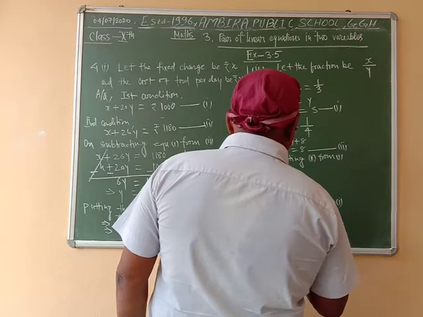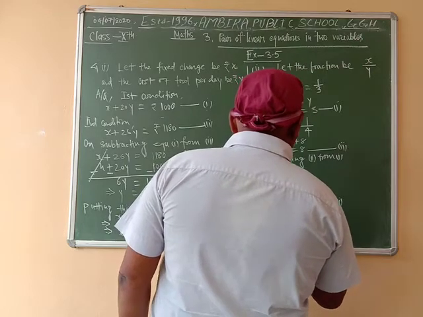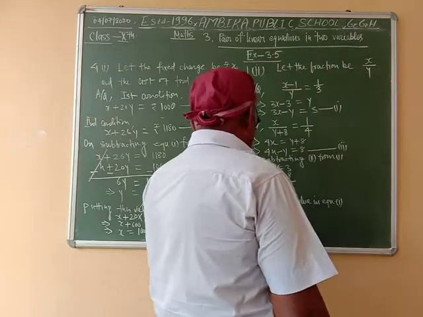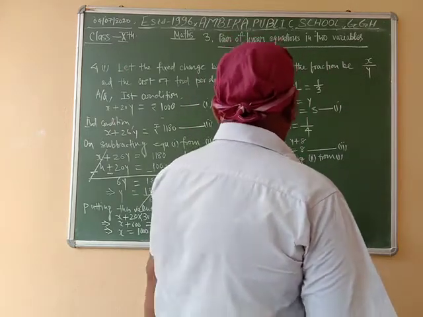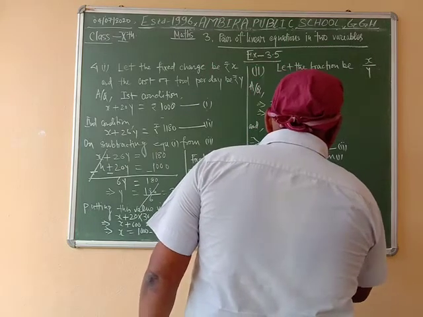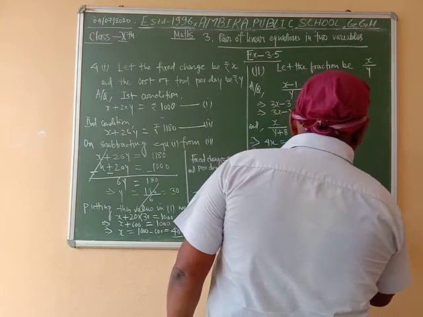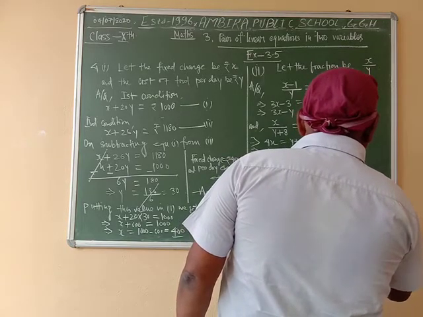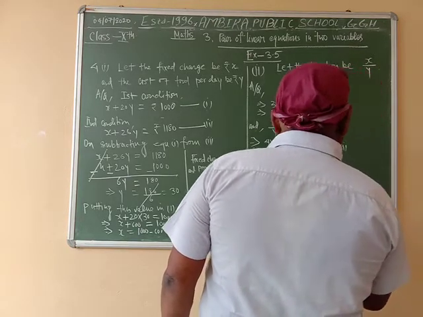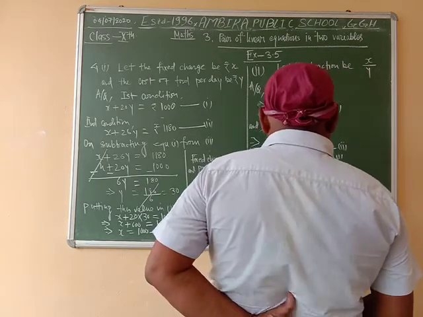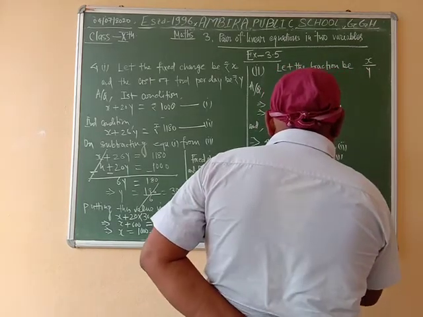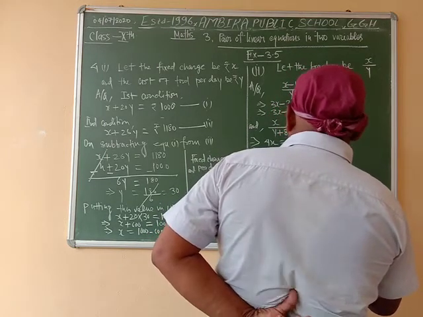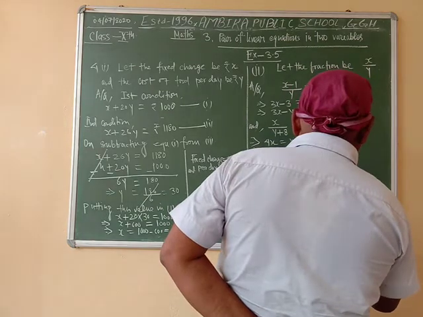Here the numerator obtained is 5 and the denominator is equal to 12. Hence the fraction x by y is equal to 5 by 12.